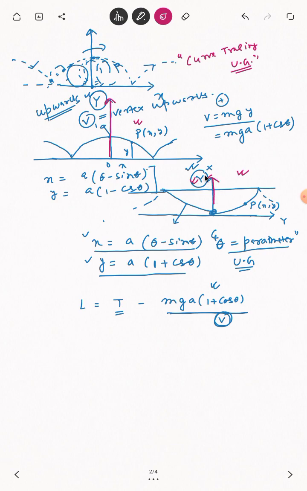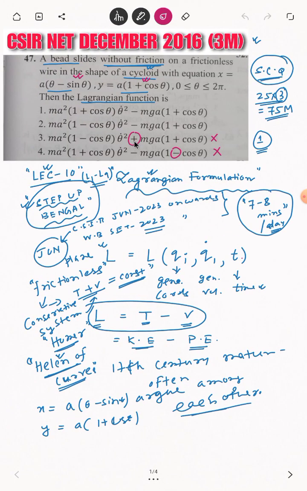Here is the y-axis, and here is the x-axis. So y is positive, and when L equals T minus V, we should not have a plus sign here. So these two options are already eliminated.